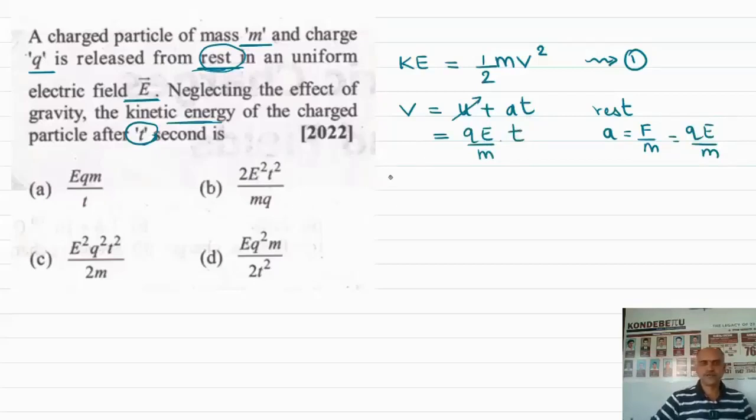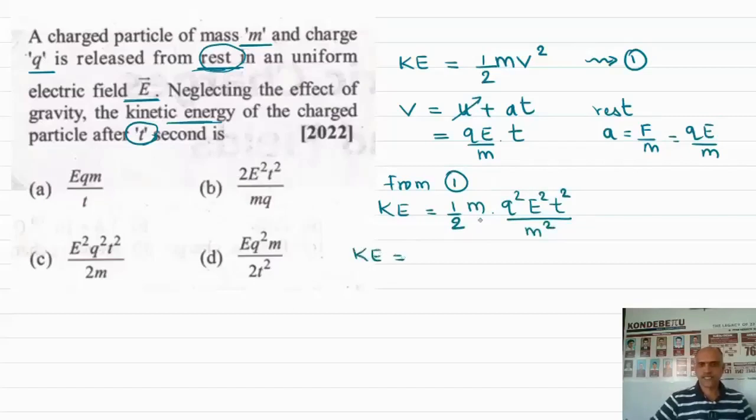Now substitute this V value in equation 1. If I substitute it, kinetic energy will be half M into V square, which means Q square E square T square divided by M square. So one M gets cancelled.